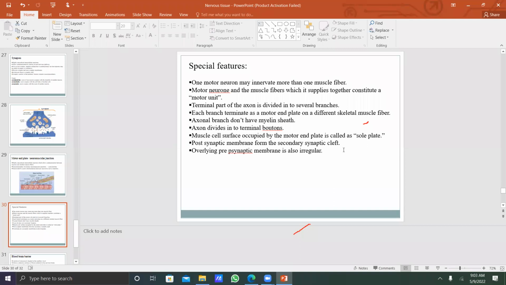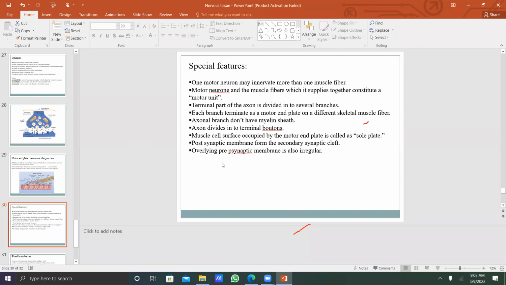So the muscle surface occupied by the motor end plate is called the sole plate. And the postsynaptic membrane forms secondary synaptic clefts.